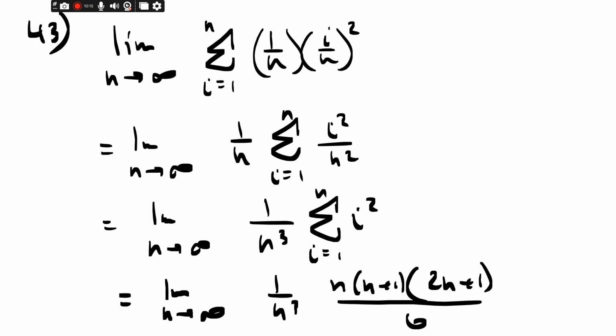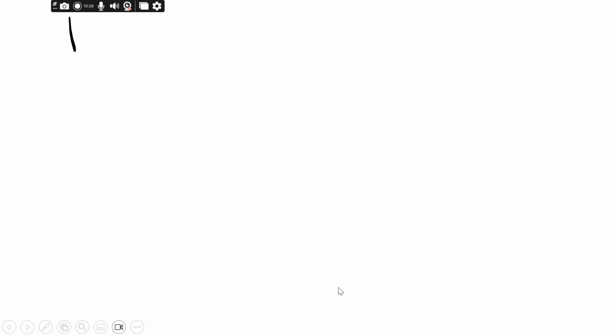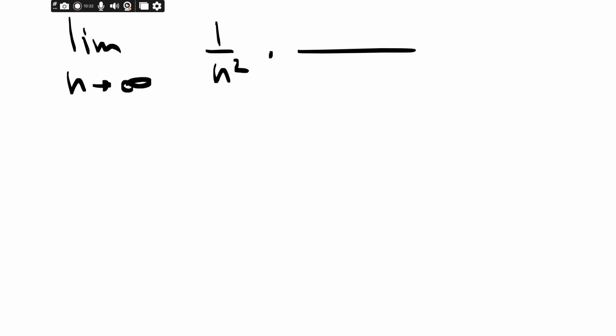I think the first thing we can do is notice that we have the n to the third power on the bottom. Then we just have an n on top, so I think I can cancel the n on top with one of the n's in the n cubed on the bottom. So I got myself the limit as n goes to infinity of 1 over n squared multiplying out n plus 1 times 2n plus 1 over 6.